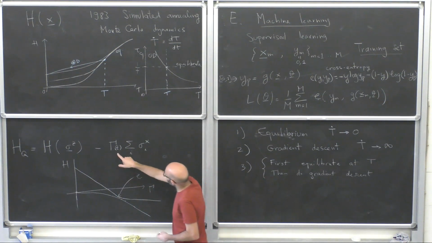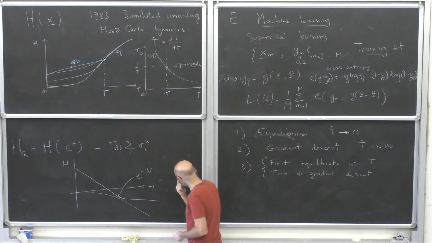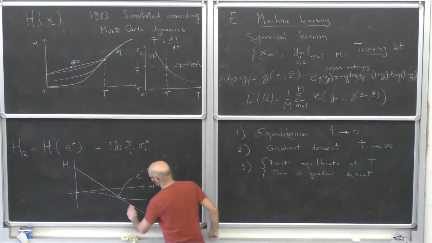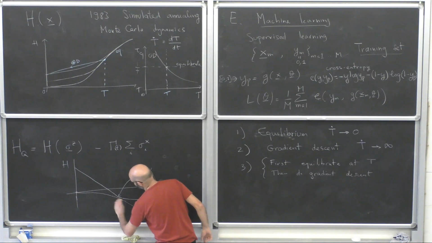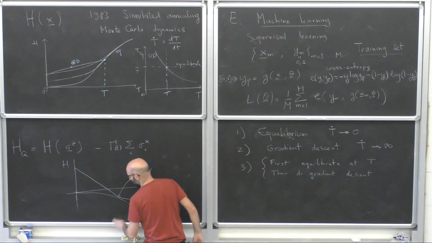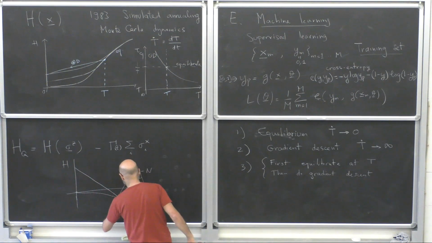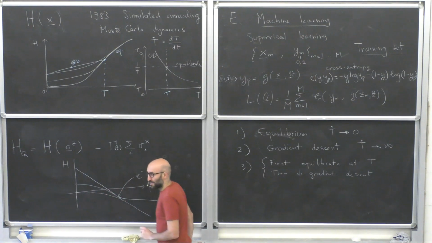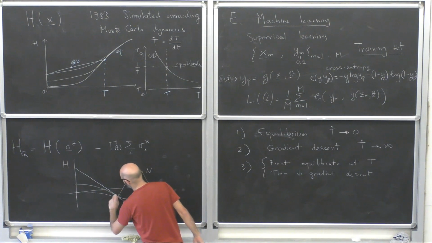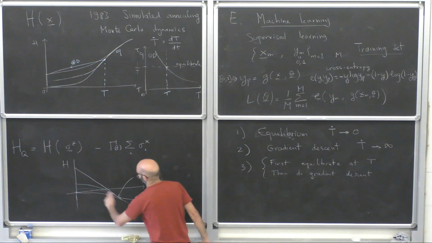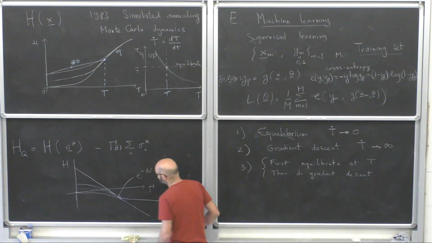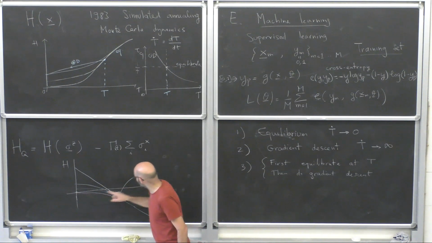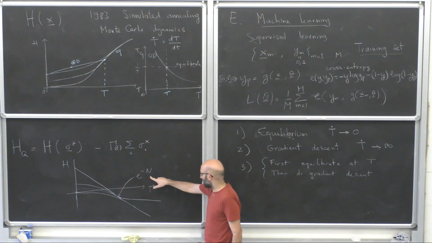If you do your annealing at a finite speed, what you expect in the thermodynamic limit is that you are going to reach some state. If you go a bit slower, you are going to reach a bit lower state, and so on and so forth. But in order to reach the ground state, you need to go exponentially slow in system size.